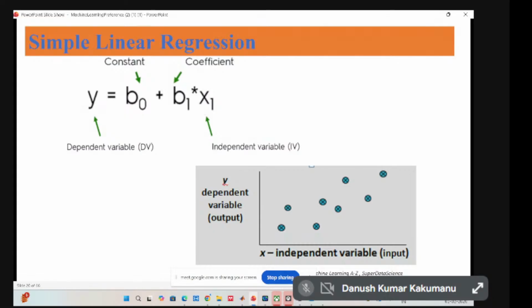Okay. Look at me. Which type of regression uses both L1 and L2 regularization?